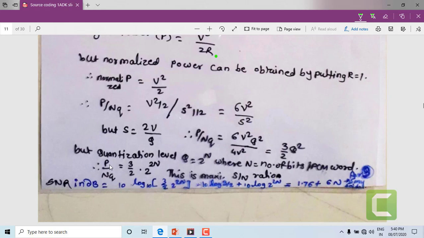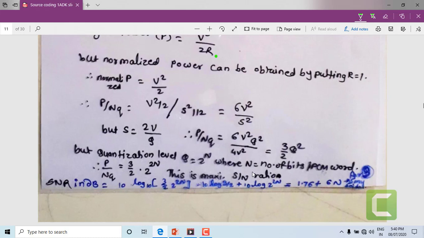So the SNR equation will reduce to S by N_Q equal to 3 by 2 as it is, and for Q we are substituting 2 raised to n, and the 2 in the power will appear, so the power of 2 will be 2 raised to 2n. So this is the maximum SNR value.